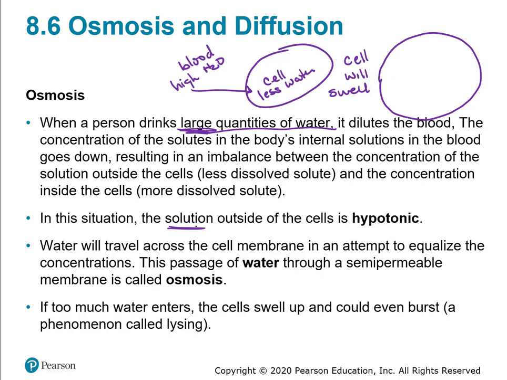Hypo means what? Hyper means high. Hypo means low. So this becomes low solute. Do you see if there's more water than solutes, the solute level goes down outside of the cell? And it's always outside of whatever you're looking at.